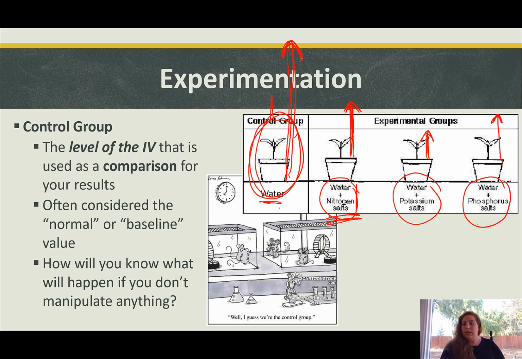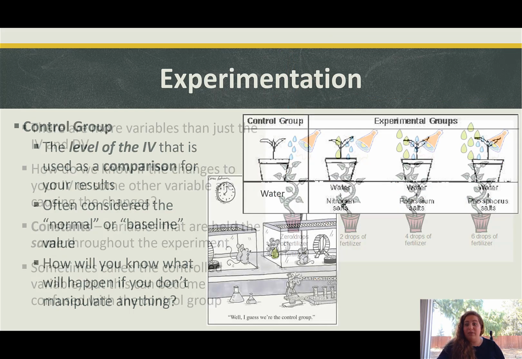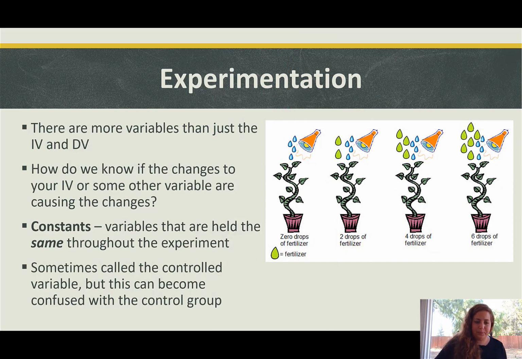You would say none of these are good because they all made the plant significantly shorter than the water. So you would want to just give your plant water. This is why control groups are so important. What's that normal or that baseline value? Because how do we know what's going on in our experiment unless we know what the base or the standard is?